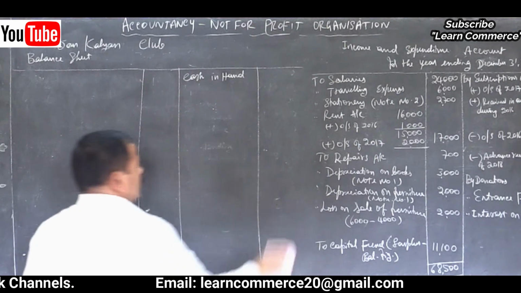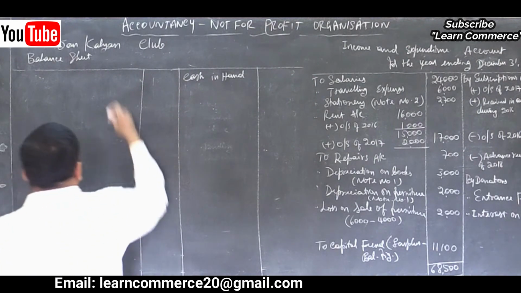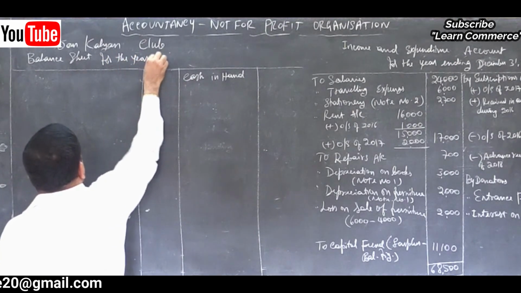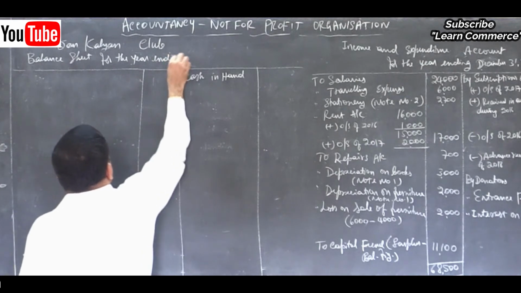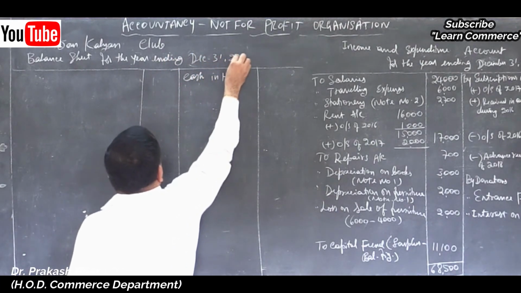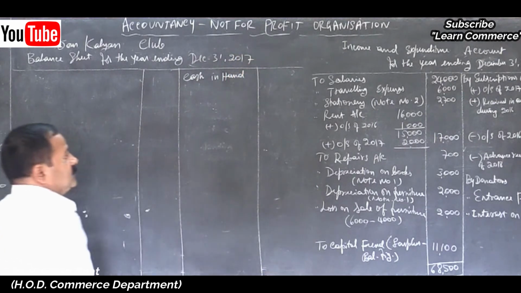Balance sheet for the year ending December 31st, 2017. Is that correct? Yes, it is.